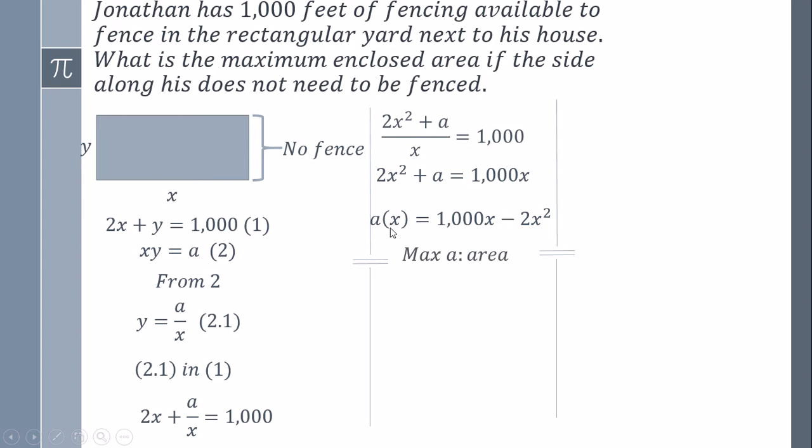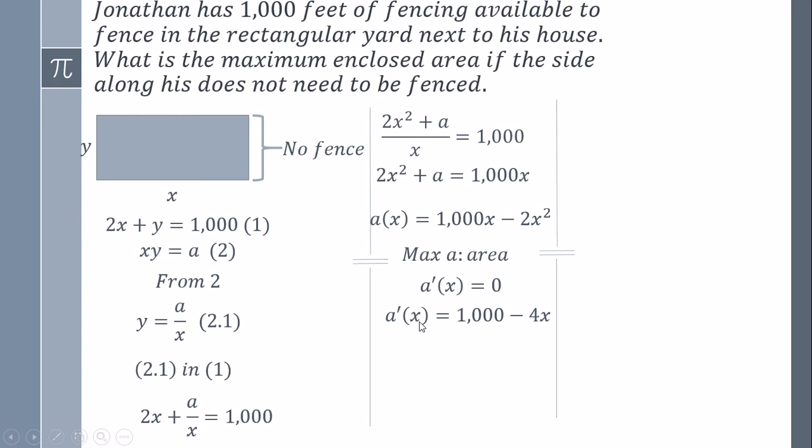So now in order to maximize the area, you know that we have to take the first derivative, make it equal to 0, and solve for x. It's going to be the maximum value that the area is going to be given the size of x.